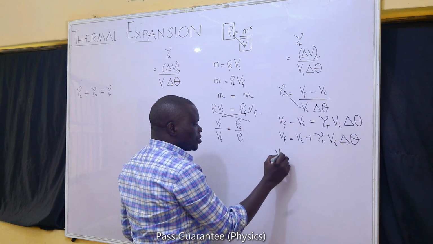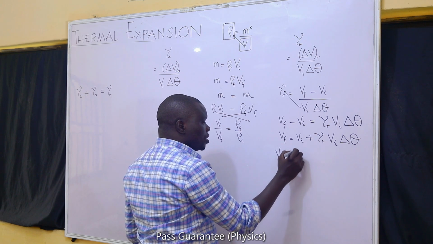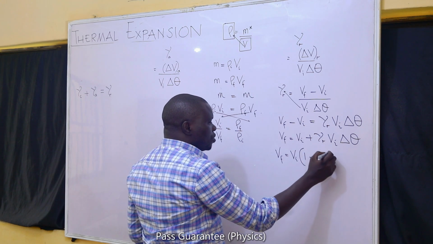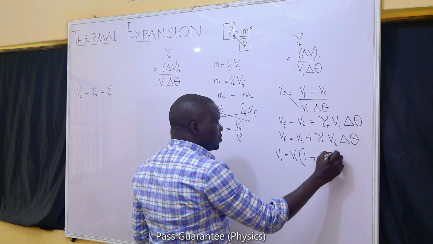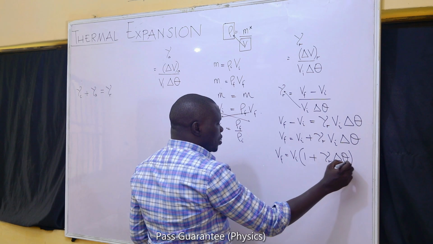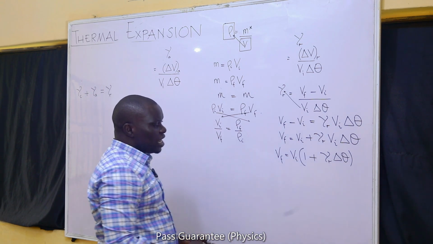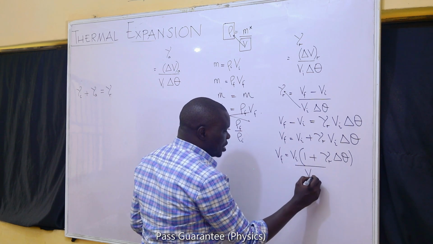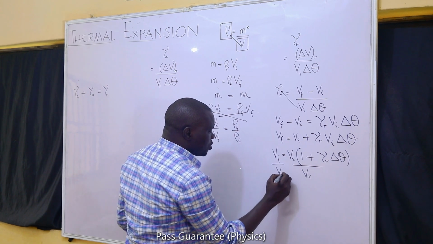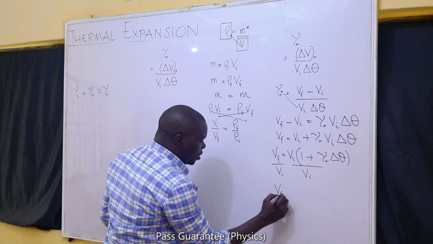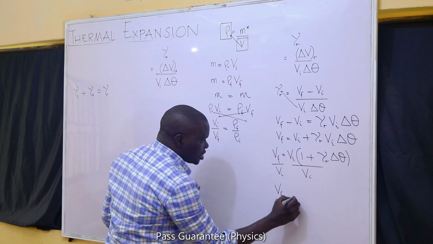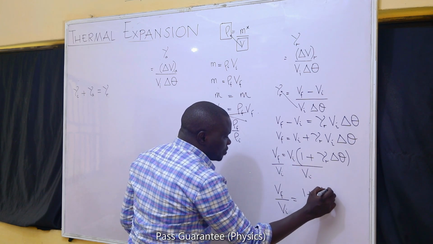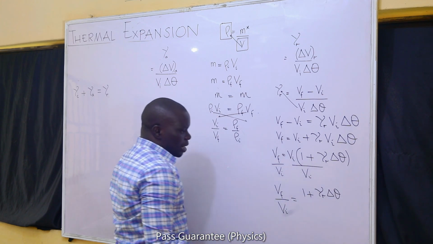If we factorize Vi out, we have Vf is equal to Vi times 1 plus the real cubic expansivity multiplied by the change in temperature. If I divide both sides by Vi, I should have an expression that looks like Vf all over Vi is equal to 1 plus real cubic expansivity multiplied by change in temperature. I'm not done.